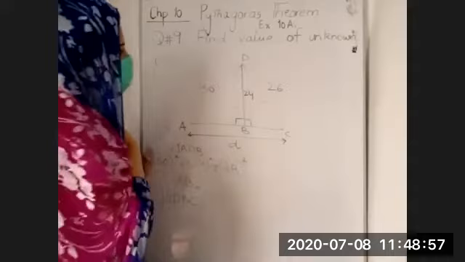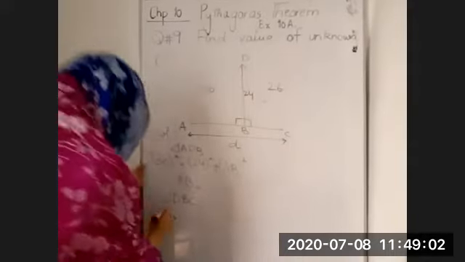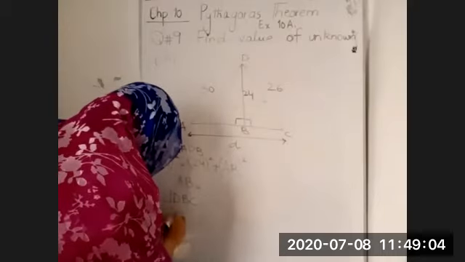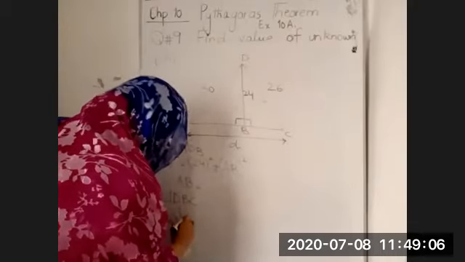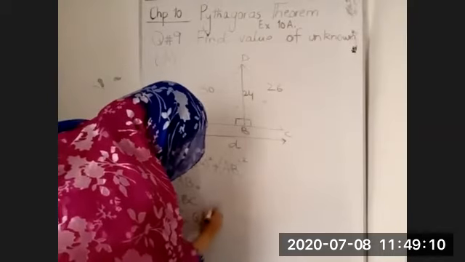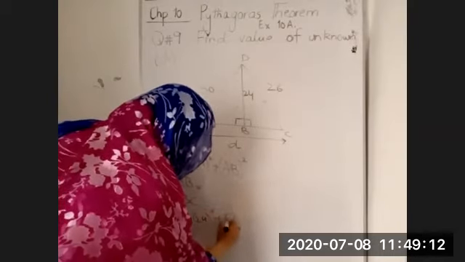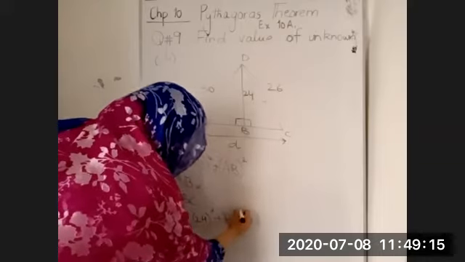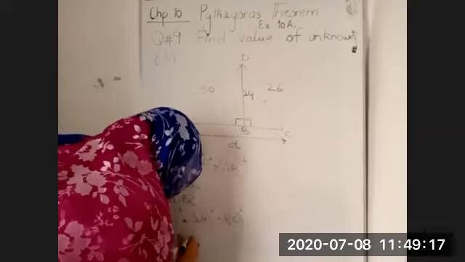So taking the triangle DBC, we can apply Pythagoras theorem by saying that 26 square, because 26 is the hypotenuse, is equal to perpendicular, which is 24 square, plus base will be your BC. यहाँ से आप BC की वैल्यू निकालेंगे.